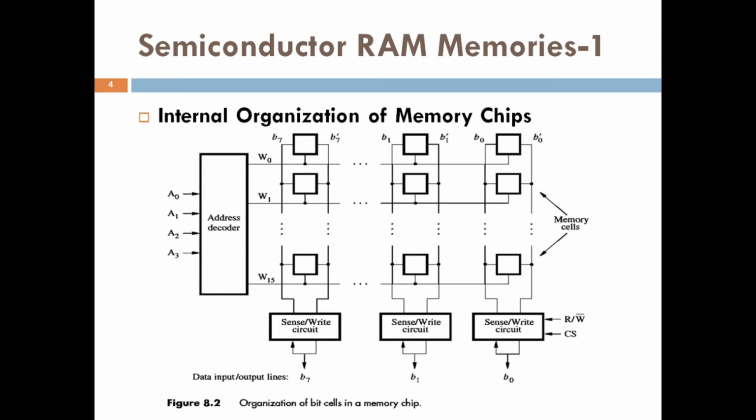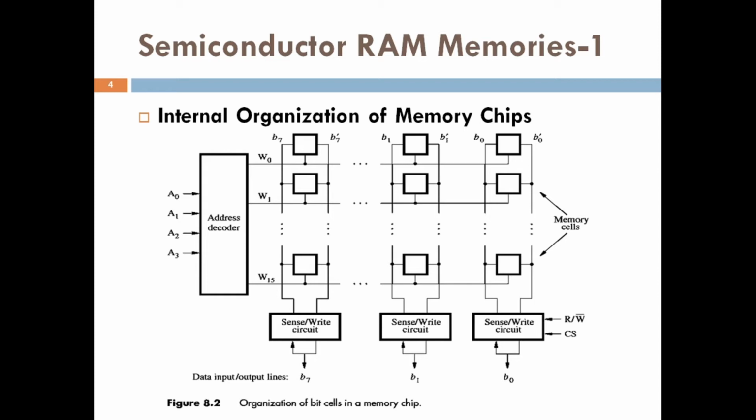Now they have completely replaced magnetic core memories, because of rapid advances in VLSI, that is, very large scale integration, the cost of semiconductor memories has dropped dramatically. As a result, they are now used almost exclusively in implementing memories. Most of the memories implemented today are based on semiconductor memories.